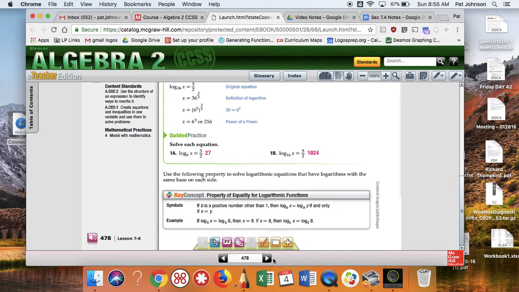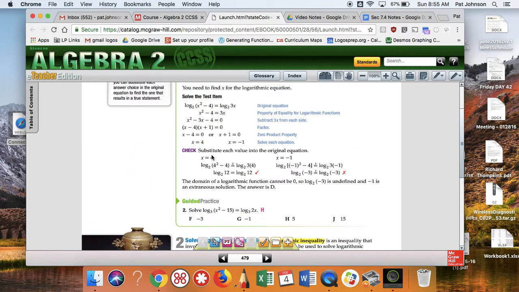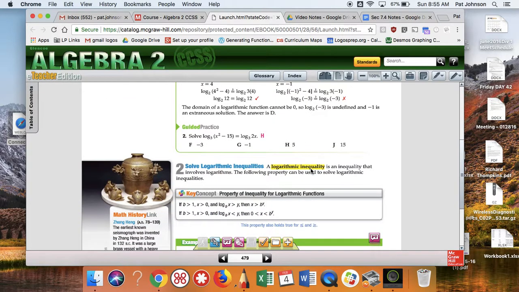So we'll test 4 in there and make sure that we have a true solution, and it works because if we put it in here, log base 2 of 12 equals log base 2 of 12. And we can't put negative 1 in here because our argument would be negative, so we throw that answer out. So it's kind of like an extraneous solution, but we don't call it extraneous. It's not a solution. All right.